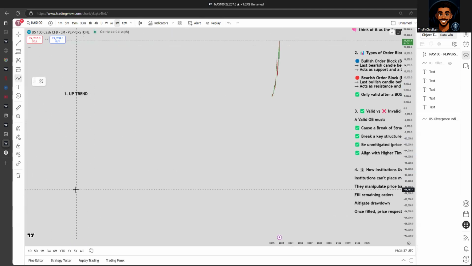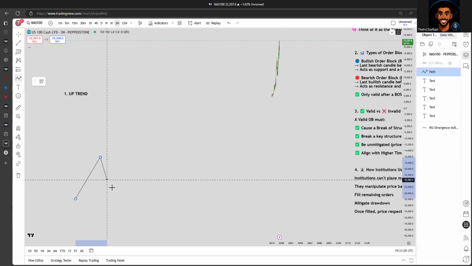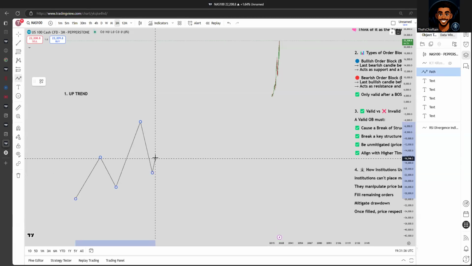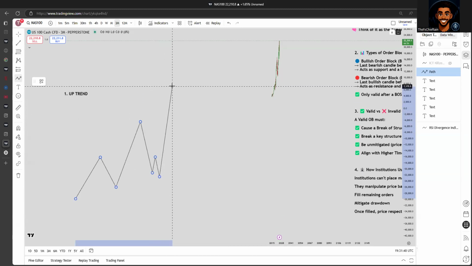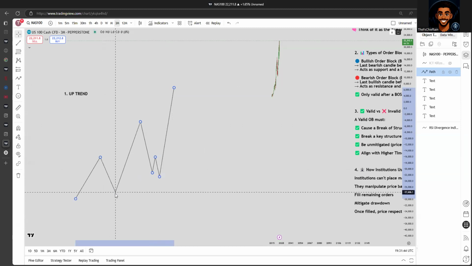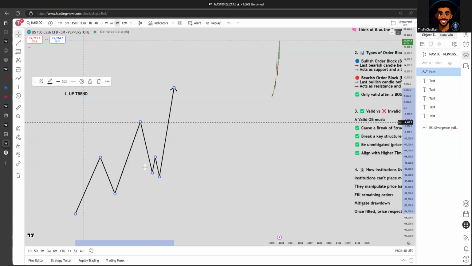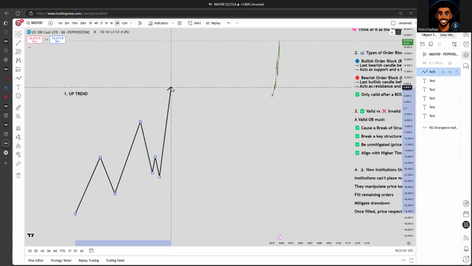All right, so we're going to have something like this. Uptrend. All right, so this is an uptrend, right? Let me make this thick. You're going to have something like this.